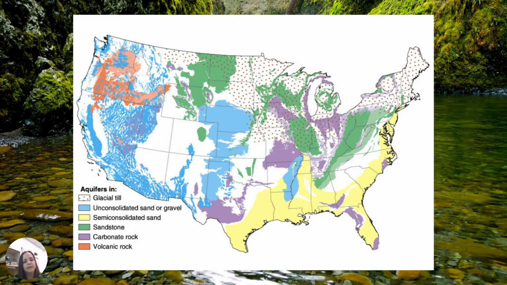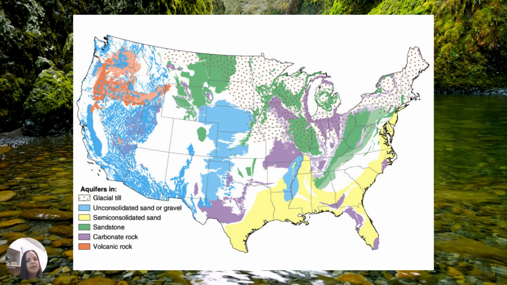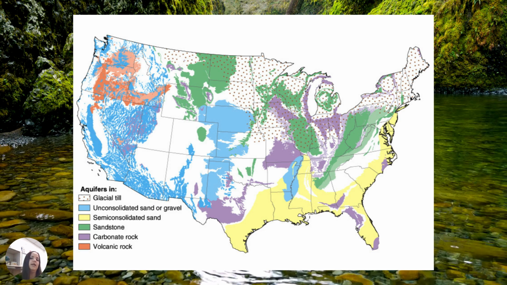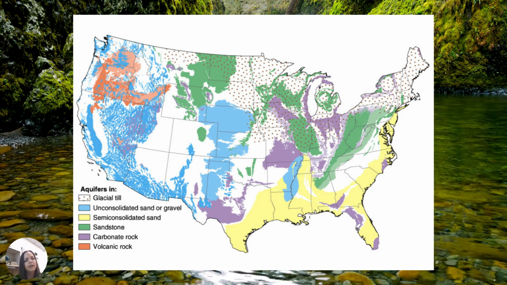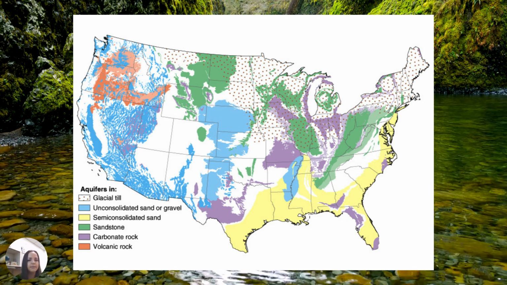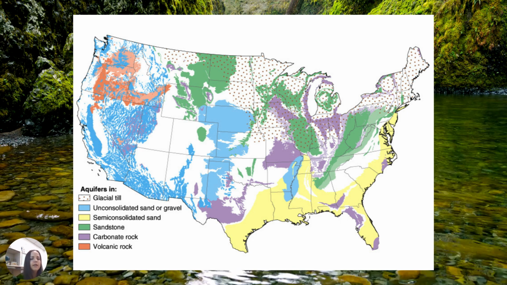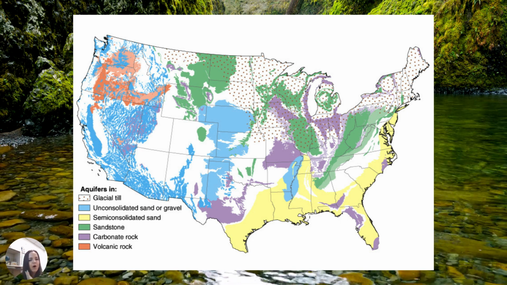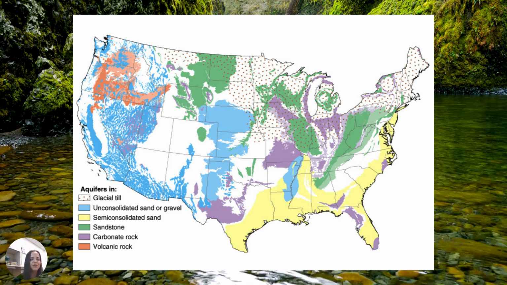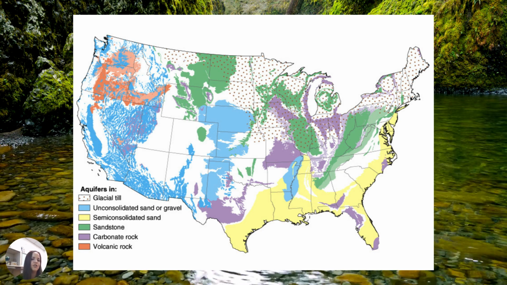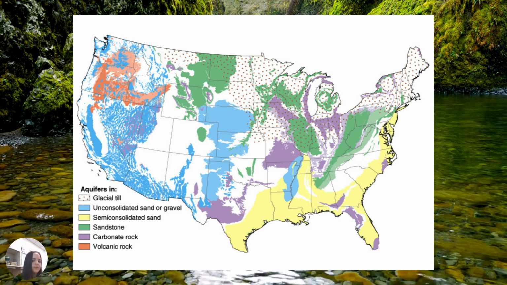We also have some semi-consolidated sand in those areas. We have glacial till in the Northeast, some volcanic rock in Oregon and Washington, Montana, Wyoming. Okay, so just depending on where you are in the United States, well, anywhere on Earth, the aquifer is going to look a little bit different. It's not always going to be just sand or gravel.